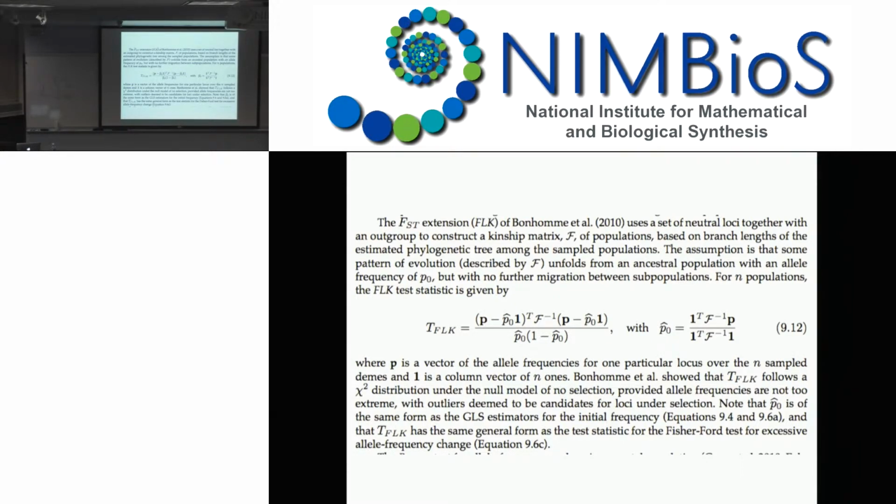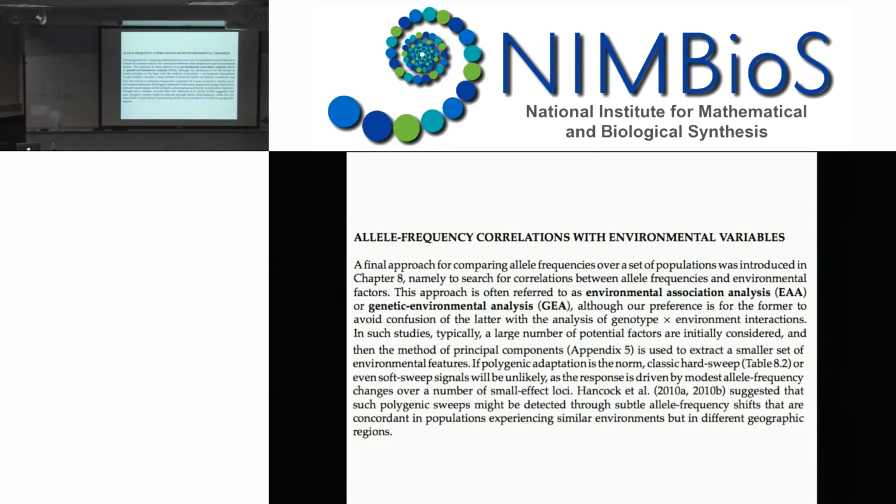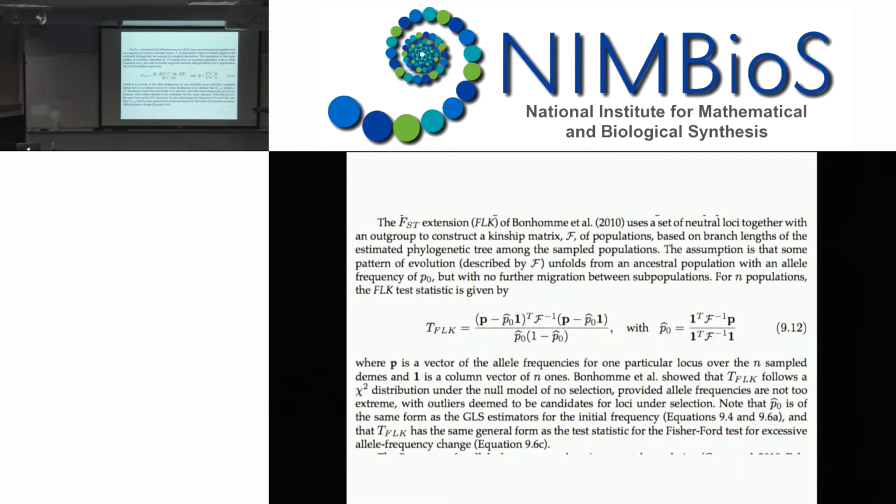That test statistic is chi-square distributed, and the nice thing here is this inverse matrix cleans up that chi-square by properly accounting for all the correlations. The Lewontin-Krakauer test doesn't do that. This actually cleans it up. There's a bunch of variants off this. So those are third generation tests.